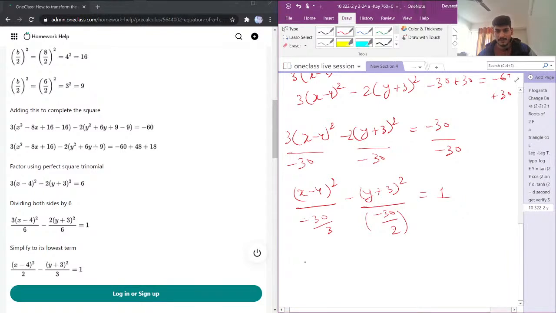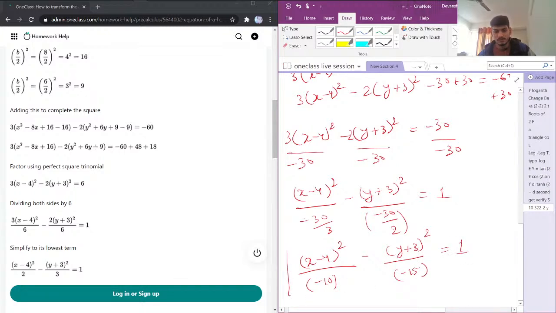So we will get (x minus 4) whole square over negative 10 minus (y plus 3) whole square over negative 15 equals 1. So this is the answer which I am getting.